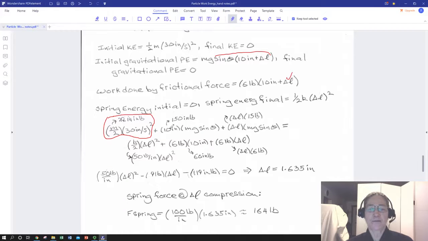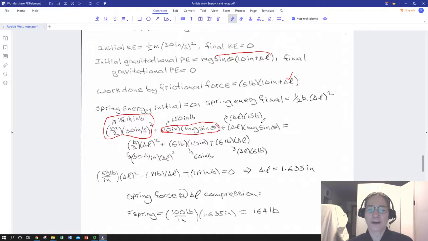And we have the potential energy from gravity split up into two to make our math easier, because we're going to be solving for delta L. So we have part of the gravitational potential energy from the height given to us by the 10 inches. That gives us 150 inch-pounds.